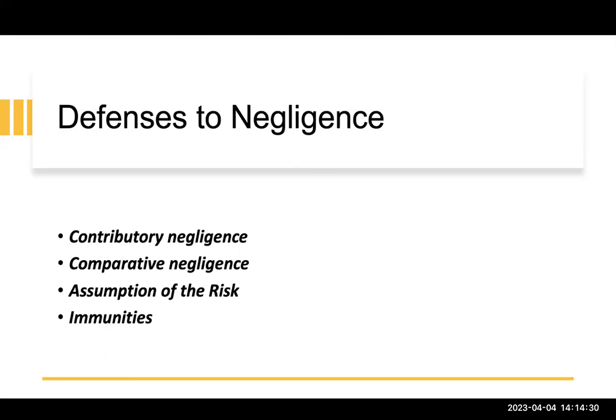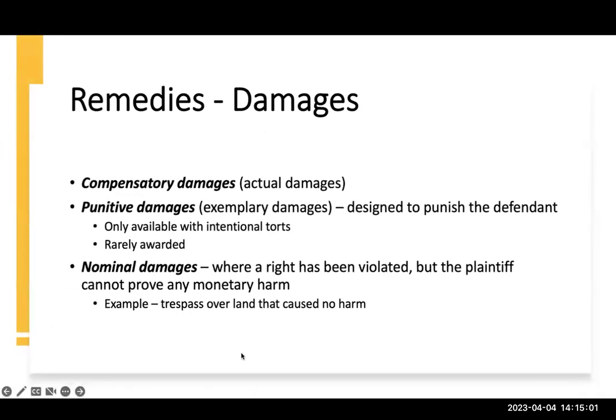But again, this is an element of assumption of risk. Finally, there are various immunities that are discussed in the textbook, including sovereign immunity and various impediments to filing claims against the government. All right, I'm going to conclude with a discussion of remedies.